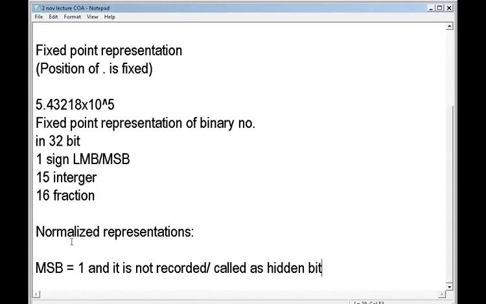Whenever we represent binary numbers as per normalized representation, the most significant bit 1 is not recorded, not saved, or not stored.